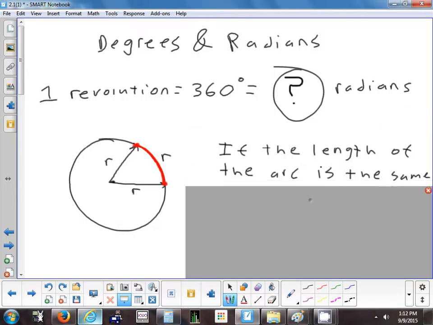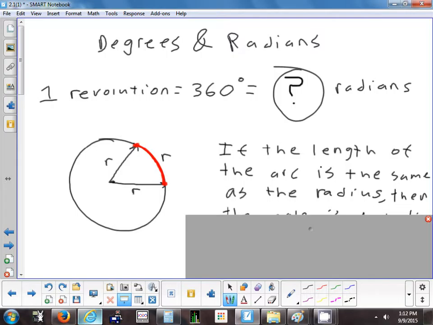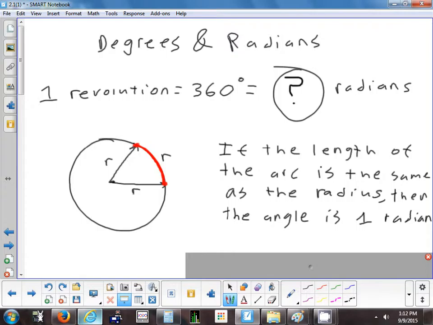If that does happen, if the length of the arc is exactly the same as the radius, then what you've done is you just drew a picture of an angle that's exactly 1 radian.